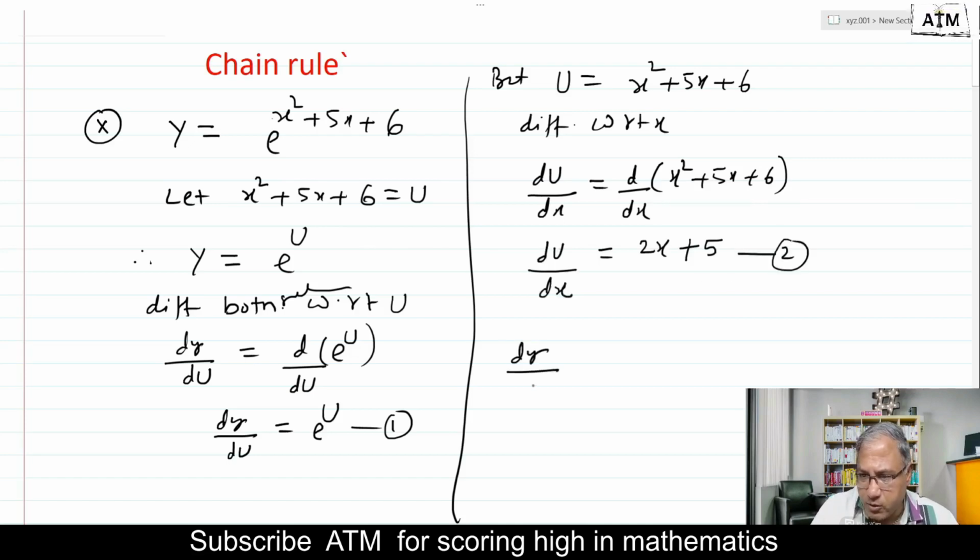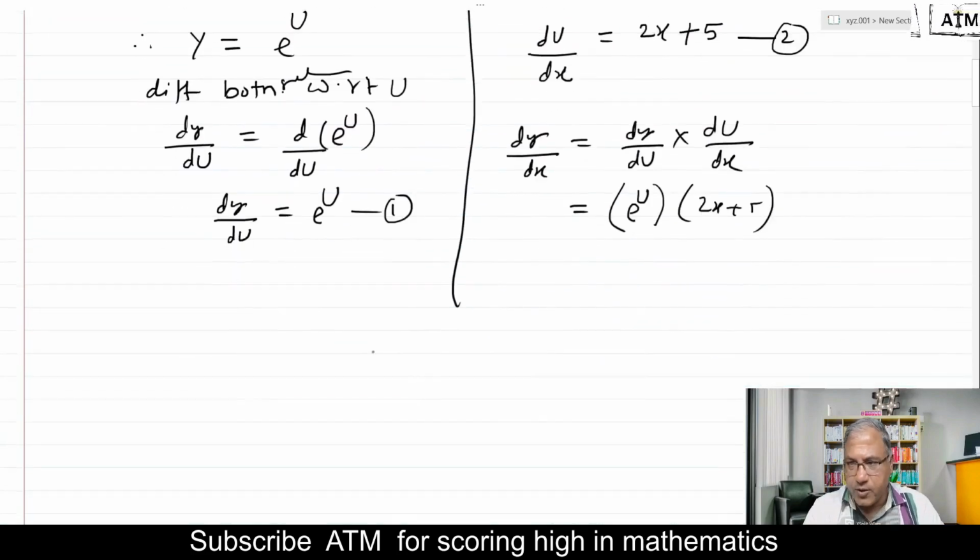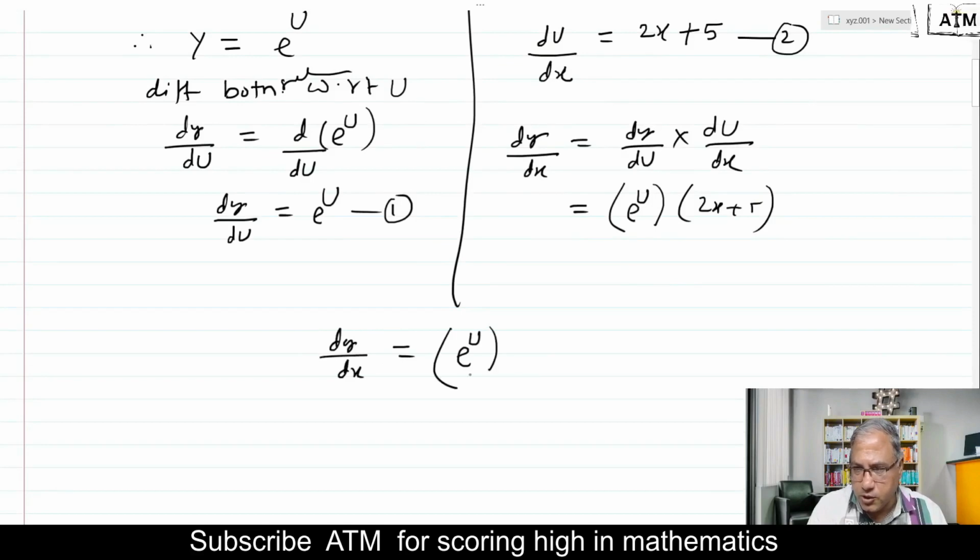Now by chain rule, dy by dx equals dy by du and du by dx. Now multiplying both the results, the first result is e raised to u and the second result is 2x plus 5. So dy by dx equals e raised to u into 2x plus 5, putting back the value of u.